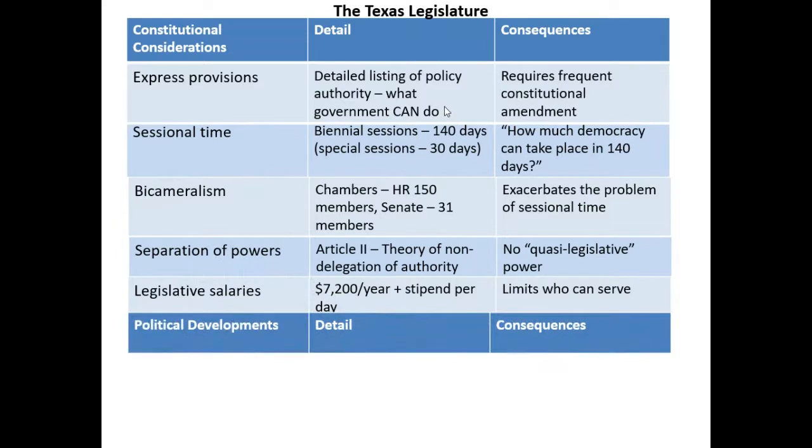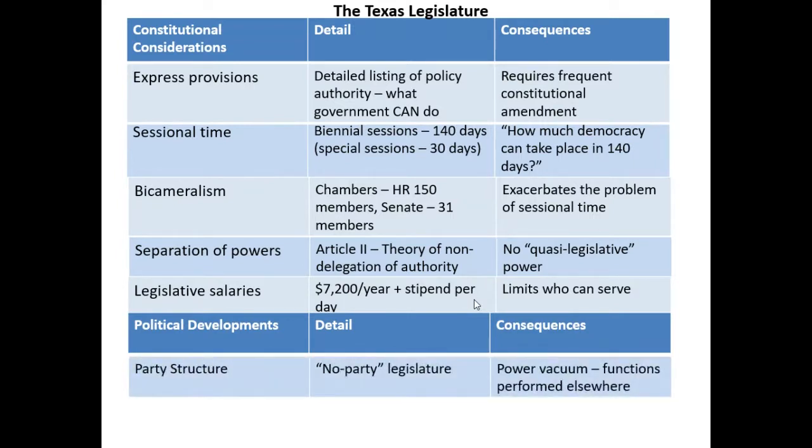All right, well, now we want to talk about some political aspects of the Texas legislature that in some ways are, at least in part, the consequence of the constitutional restrictions.